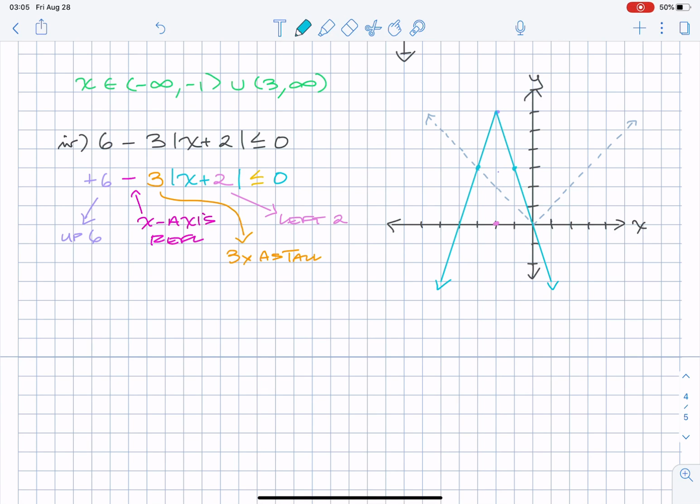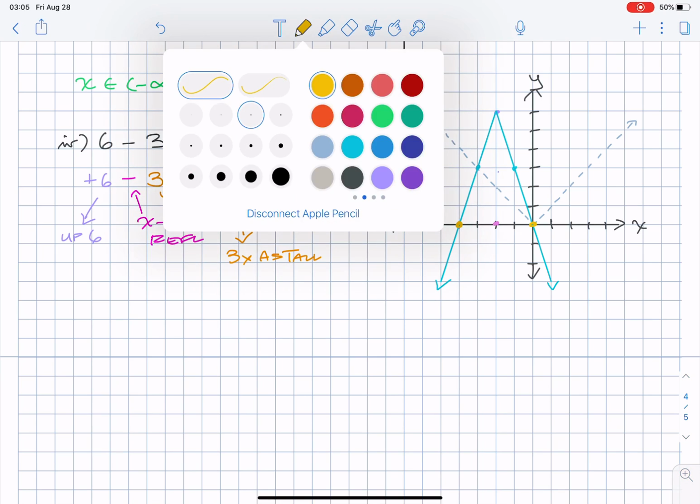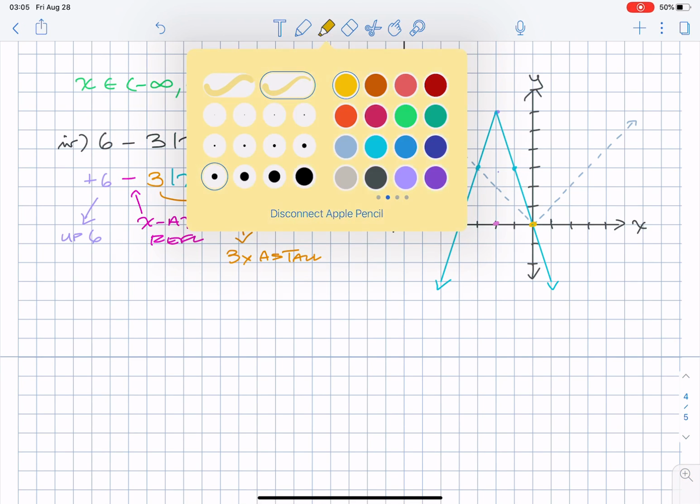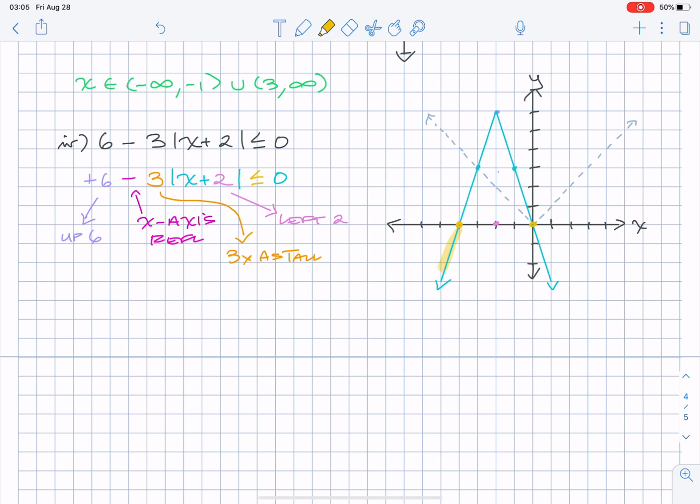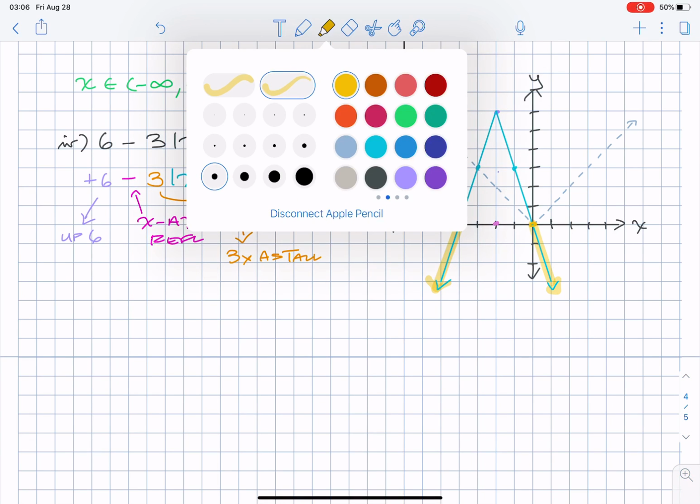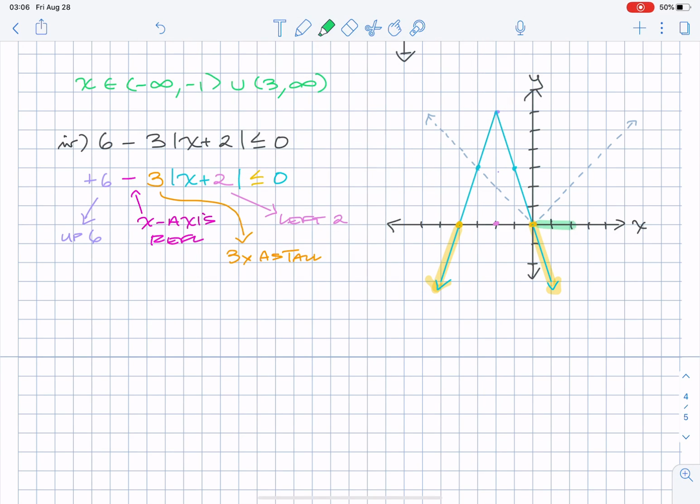Okay, so we have less than or equal to, so we can have solid dots. And I want that my values for y are less than or equal to 0, so that would be down here and down here. And those correspond to values of x to the right forever and to the left forever.